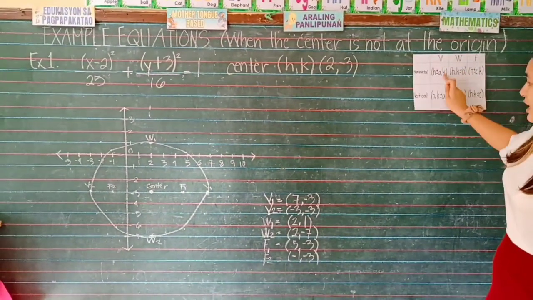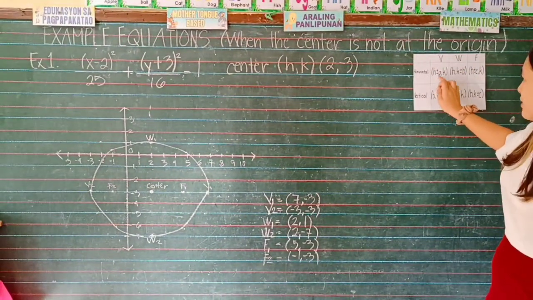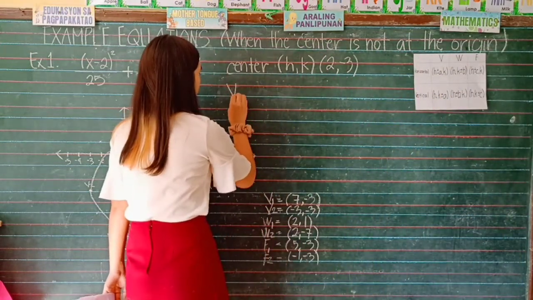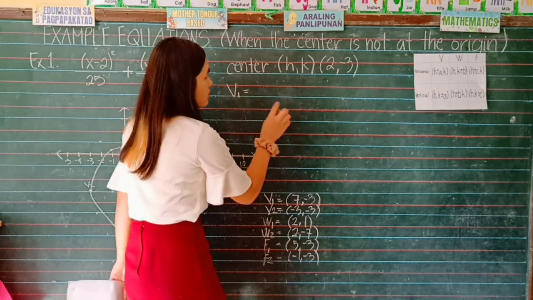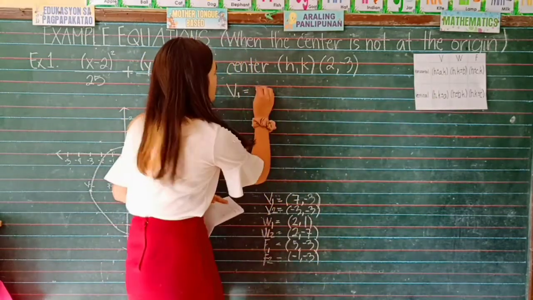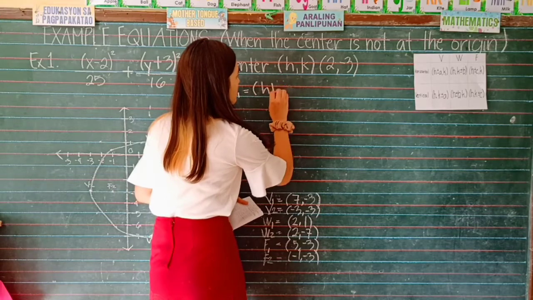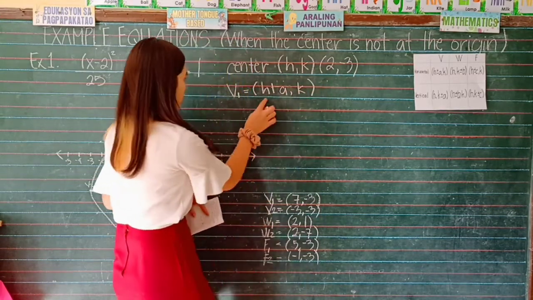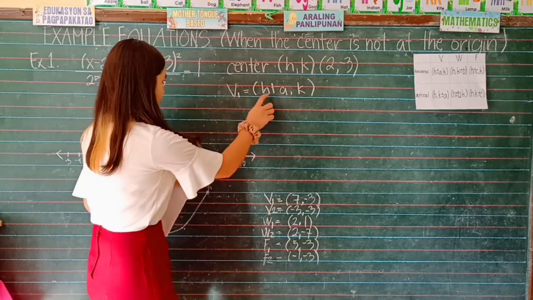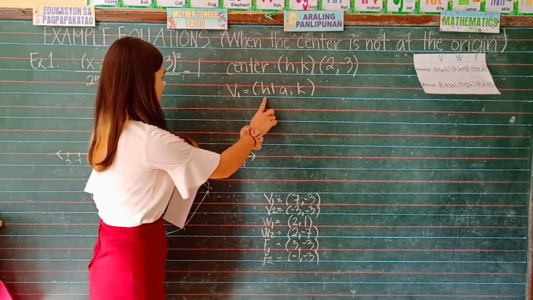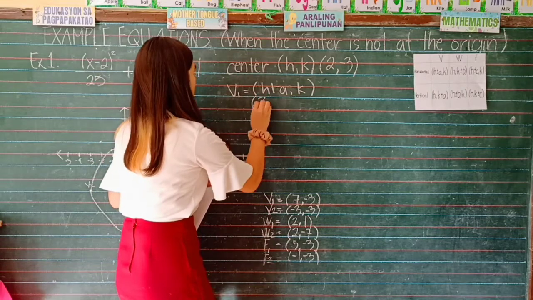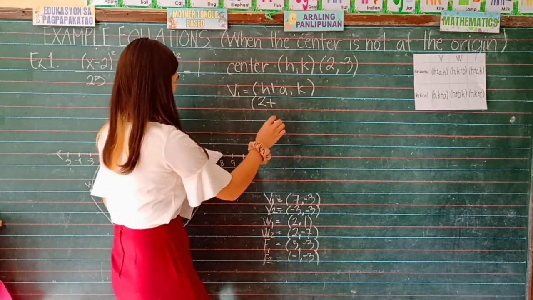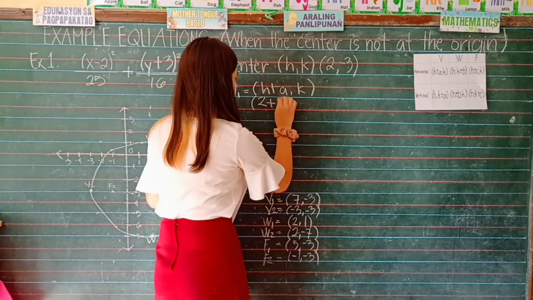In finding the vertex, let's use this formula. The plus comes first. The value of our h is equal to 2, plus a, and the value of our a is 5.